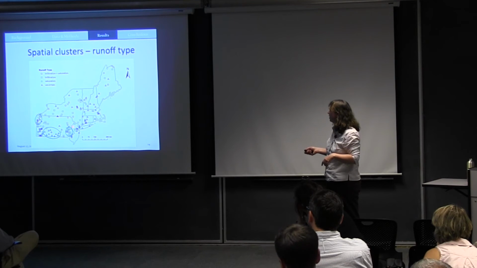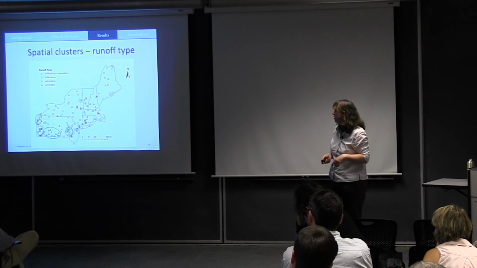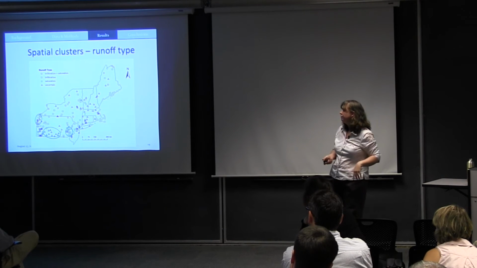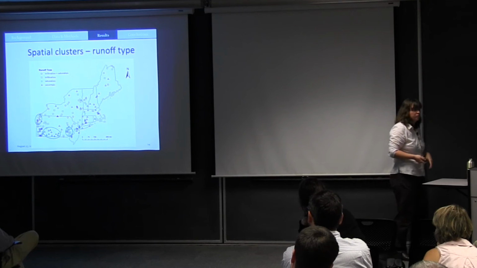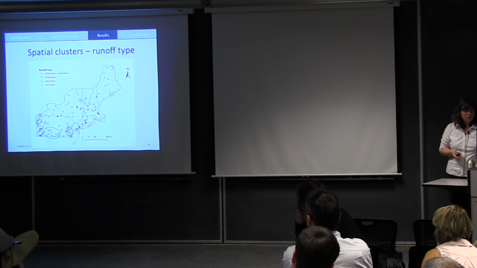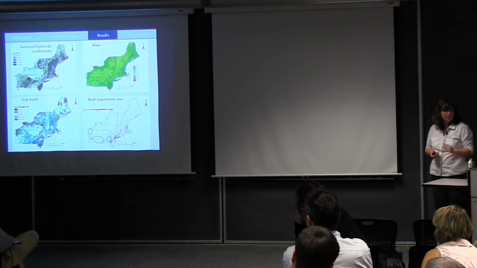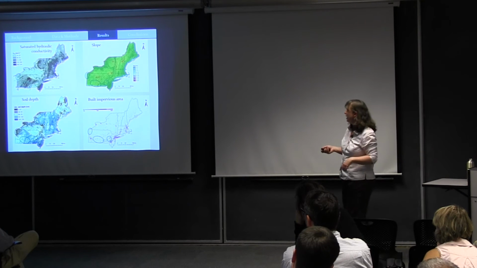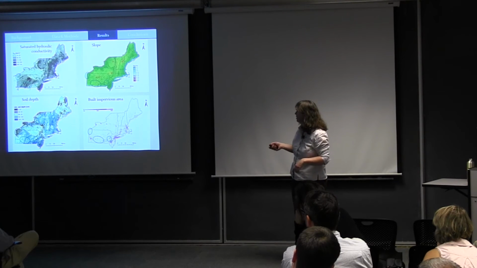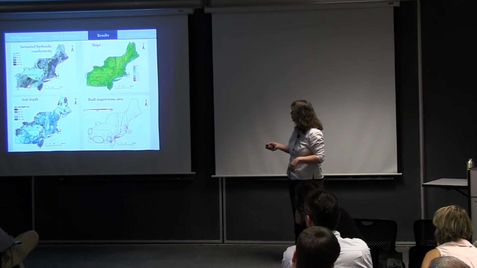And then in eastern PA and New Jersey, we're seeing a cluster of events that happen because of infiltration excess. So we can look at these variables again and look at the clusters and start to develop some hypotheses about why we're seeing what we're seeing.